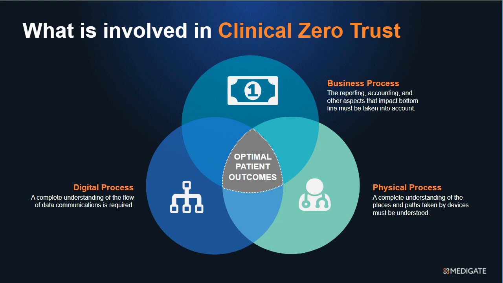I need to be able to, for example, walk the floor and understand where this patient monitor might move, or this pump, or whatever device we're talking about. What access points might it move around? What path might it take in the hospital? Where might it go? I need to understand all of the physical parameters that the mobility of this device introduces.